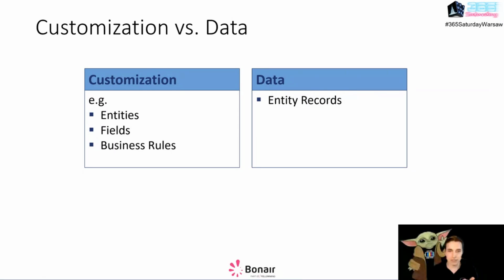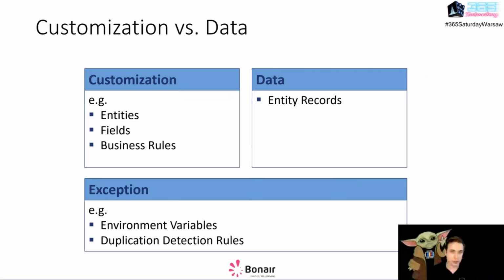Data can't be shipped in a solution. So those have to be handled manually. This can be, for example, your configuration data if you have a custom system settings entity, or any other configuration data you created, subjects, for example. Those are data and cannot be shipped in a solution.